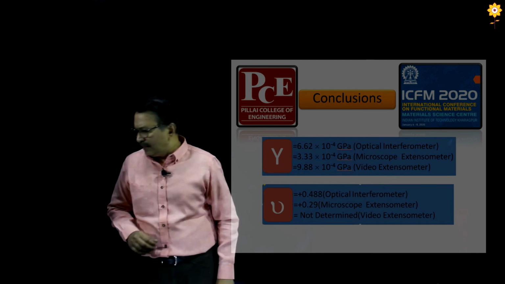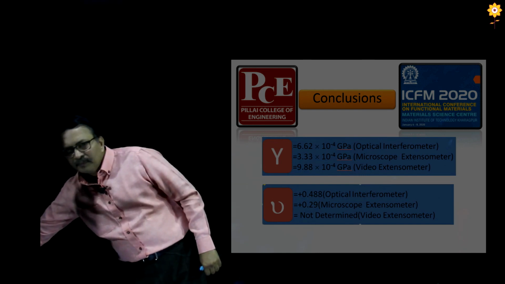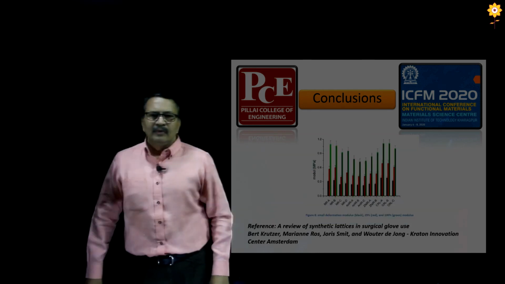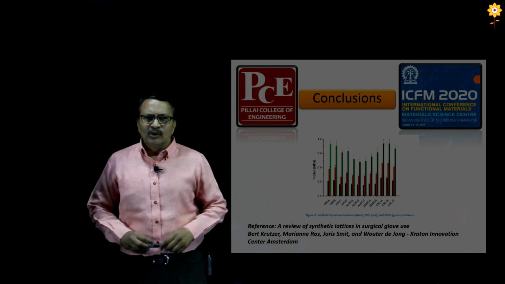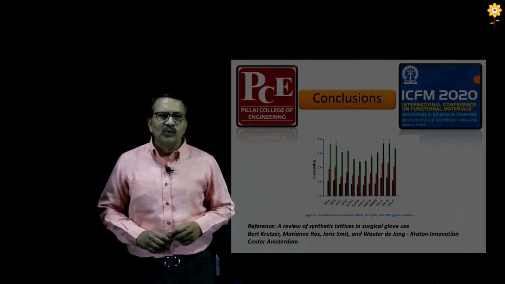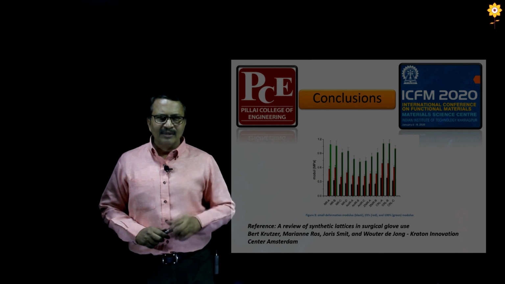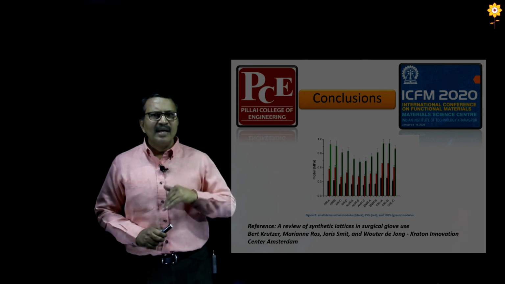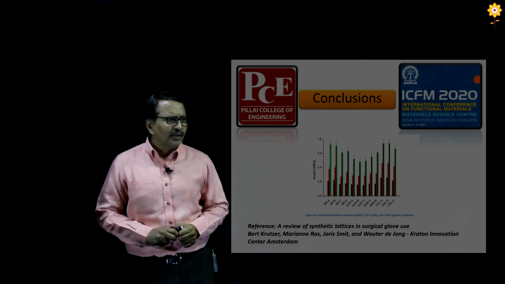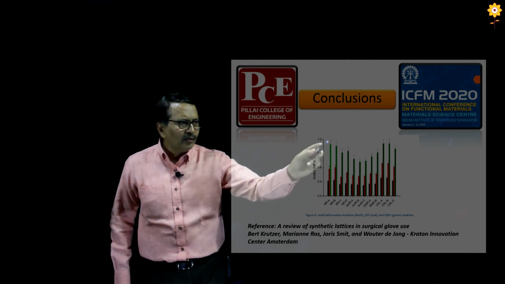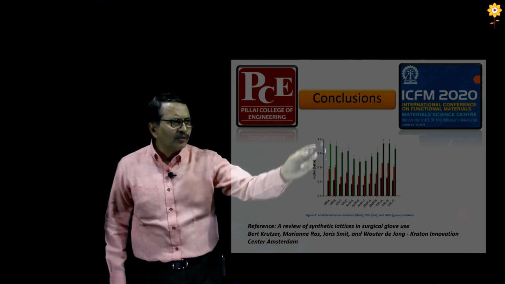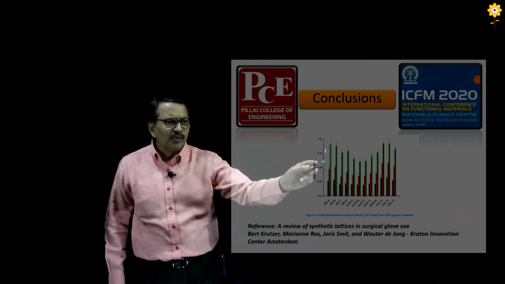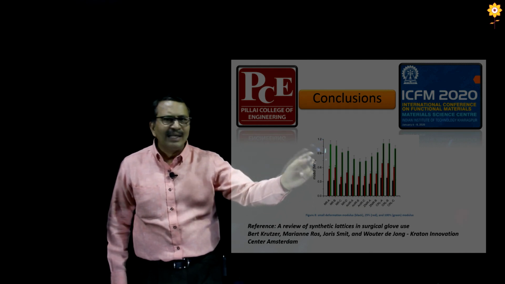Lastly, we would like to acknowledge the help of these particular authors who have done a similar study. When we compare our readings with them, you can find that the value of the Young's modulus turns out to be in MPa.